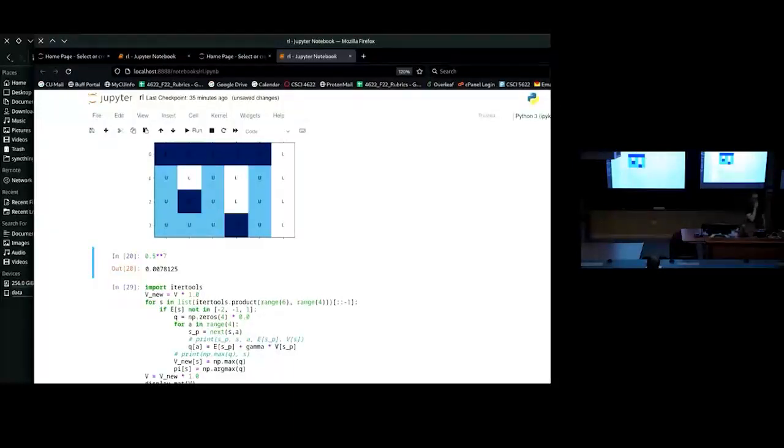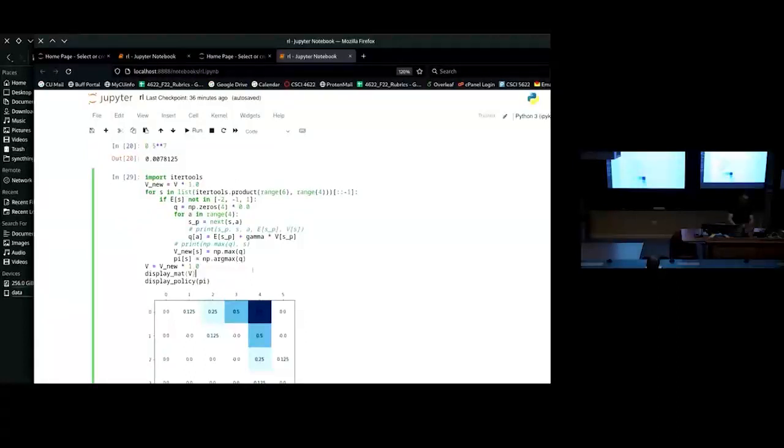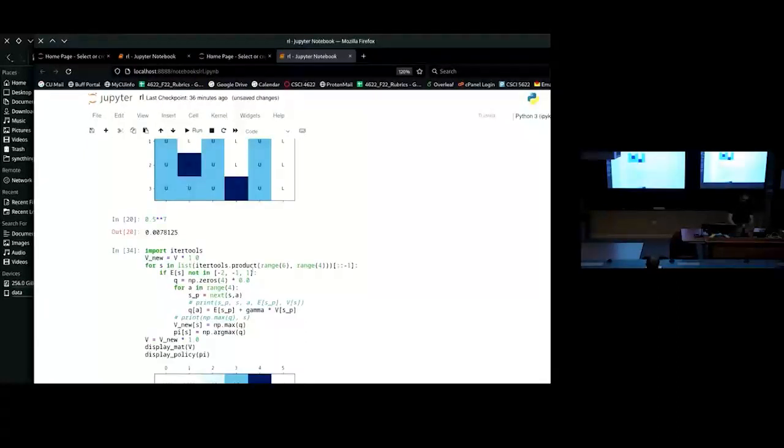Why do the terminal states both have value 0 when you do the iterations? Why don't they stay there? Because we can't reach those. Okay, so what happens there is that we don't reach those.